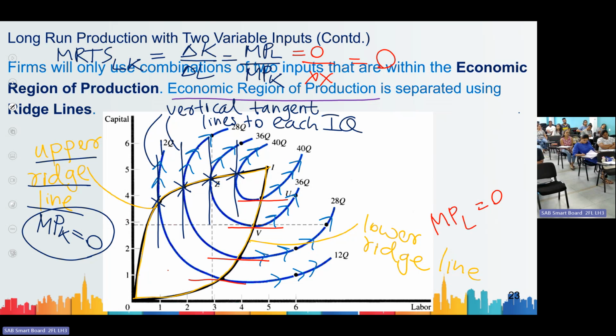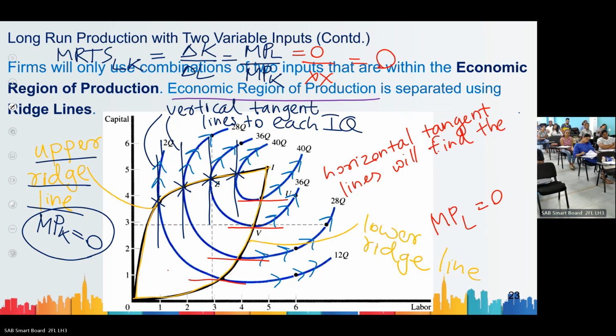We draw horizontal tangent lines because these horizontal tangent lines will represent the points where MRTS is 0. In other words, MPL is 0.